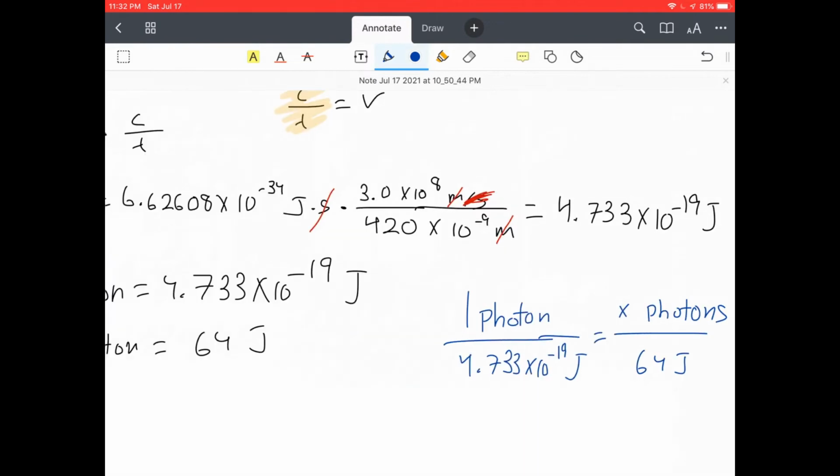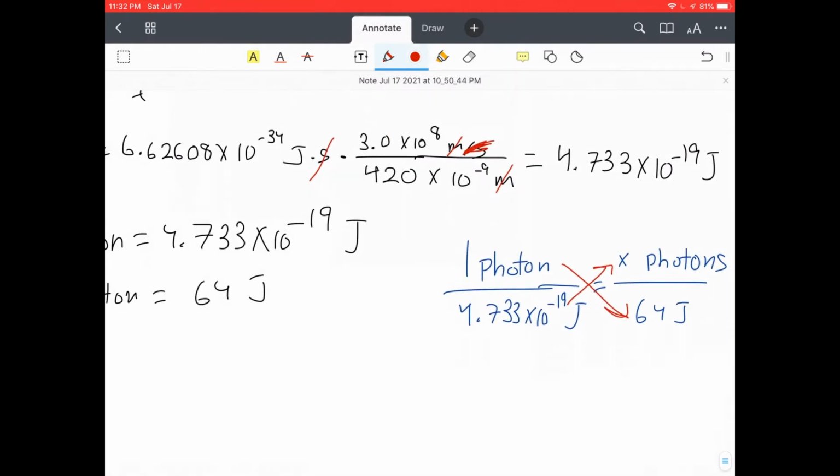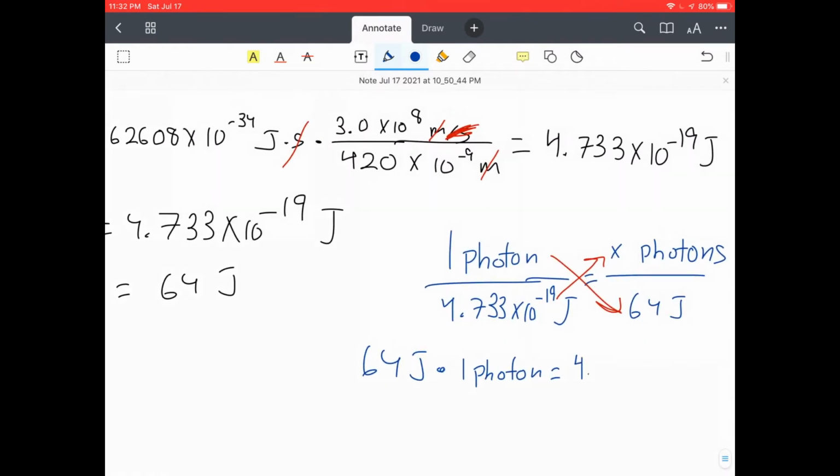So now I just do cross multiplication, so I multiply that by that, and then I multiply this by this. So what I'm going to be left with is 64 joules times one photon is equal to 4.733 times 10 to the negative 19 times x photons.